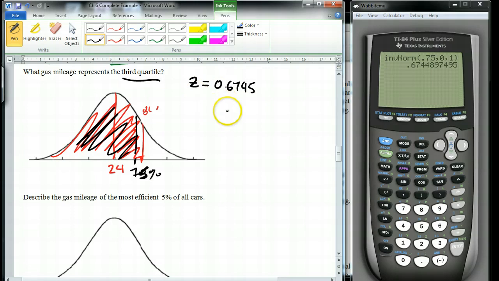And now I need to calculate my y value, or what gas mileage. Remember, your y variable equals gas mileage.